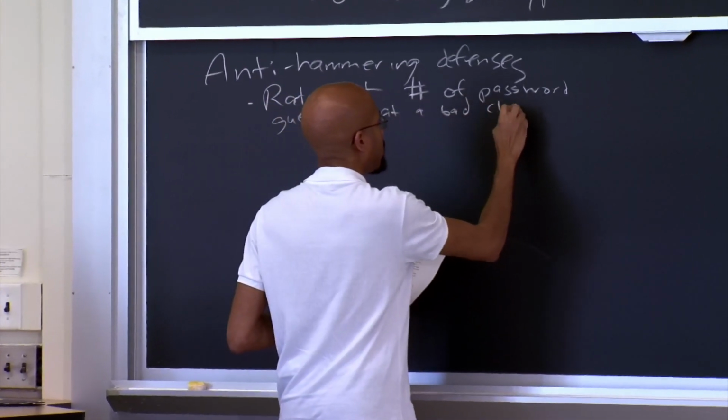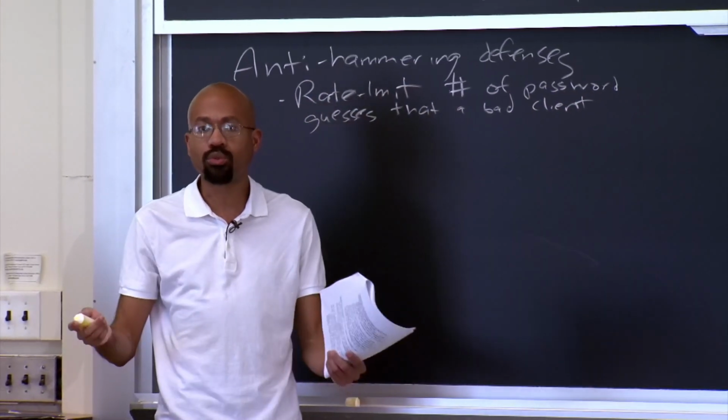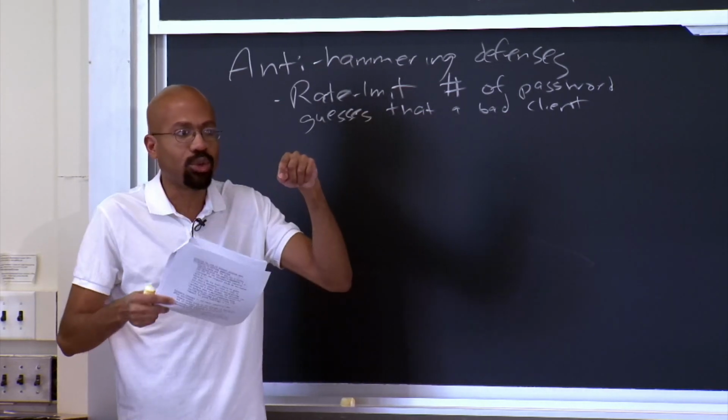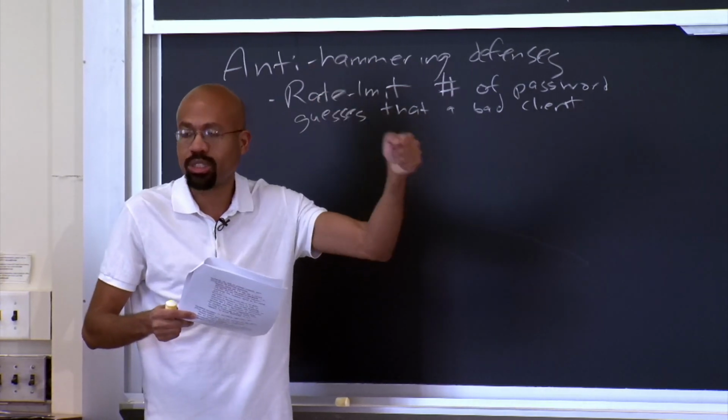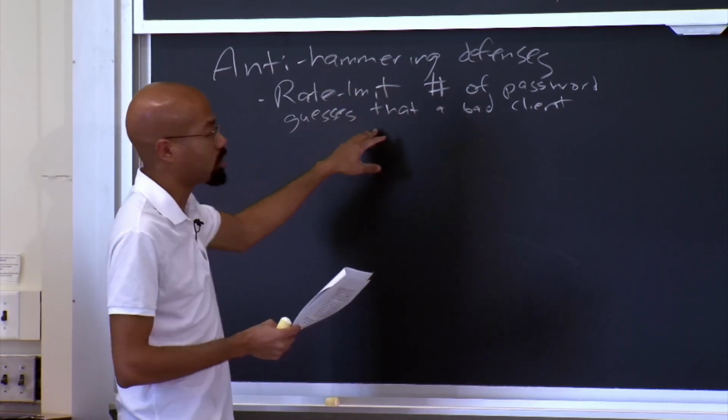Because the idea here is that if you've got some client who's trying to launch one of these brute force guesses against a password, you don't want that client to be able to sit there in a tight loop and just say, is this the password, is this the password, is this the password? So one way you can do anti-hammering is, like I said, just rate limiting.